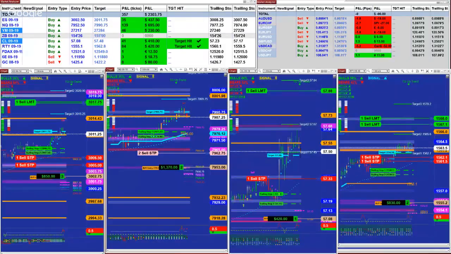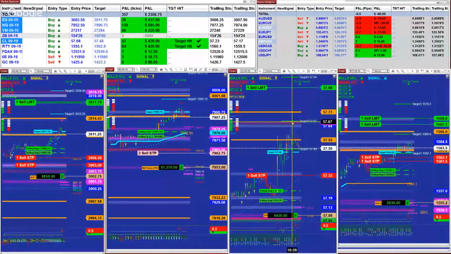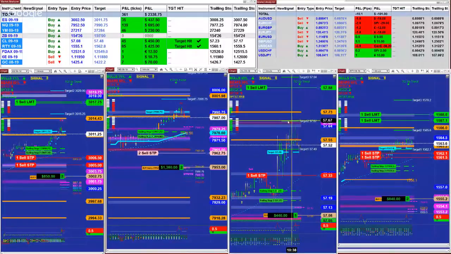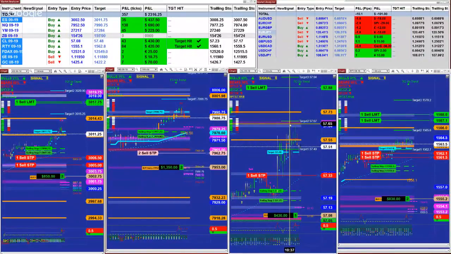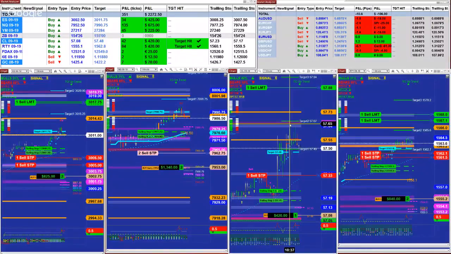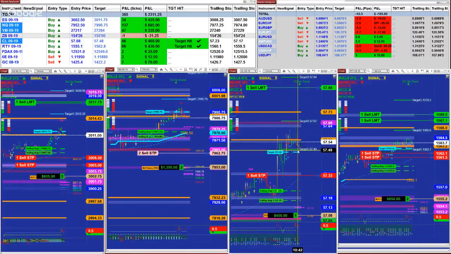Look at the CL, right where we expected. What we need in future trading is to understand where this market is going, not follow the market, and understand where our limitation is. If we want to take a trade on the pullback re-entry on the CL, I need to know where I'm going to exit.